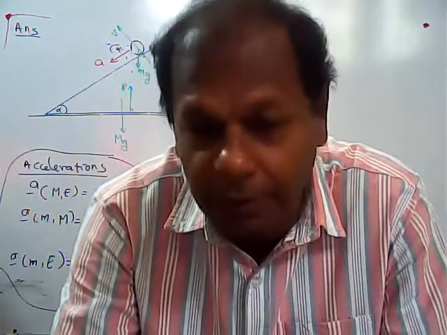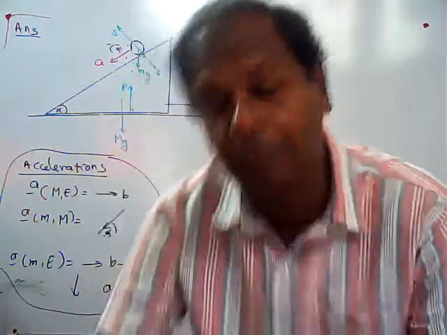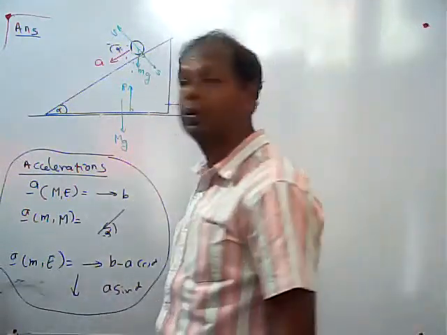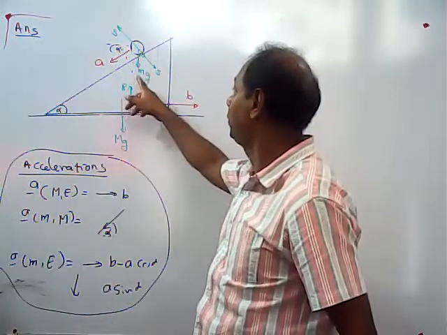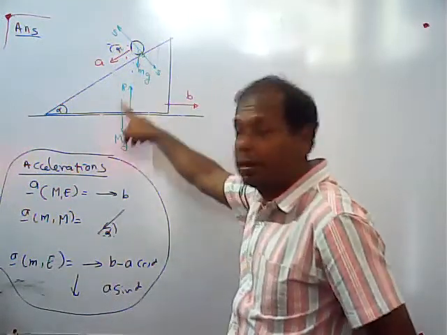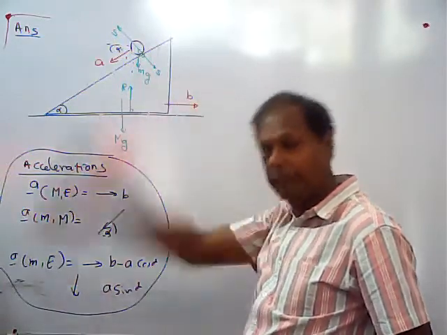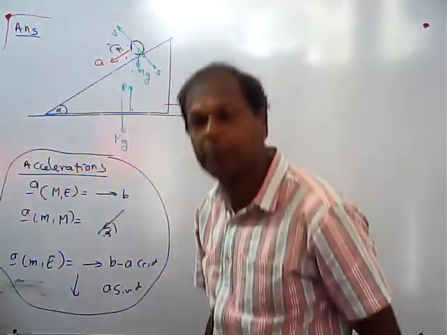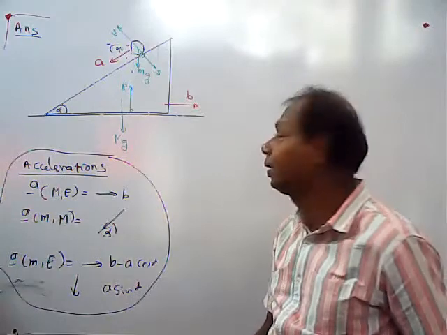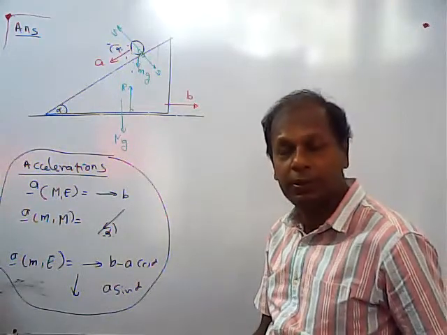Taking the wedge along, many things will be involved: R, mg, b, S equals mg, everything will be there. So taking the wedge alone is not the best thing to do here.